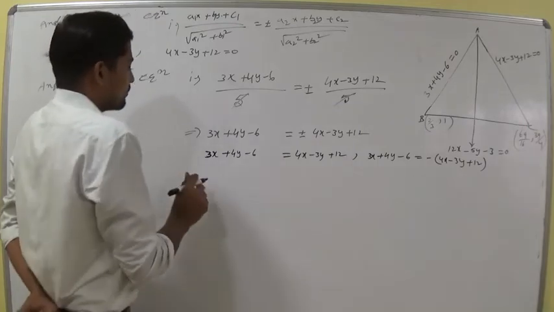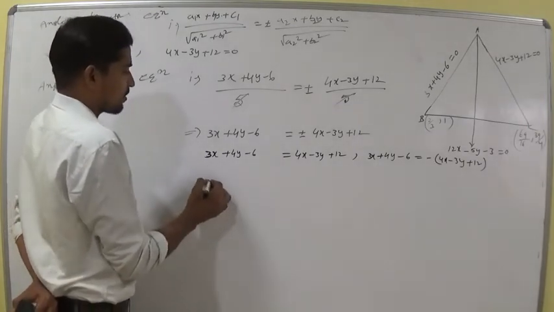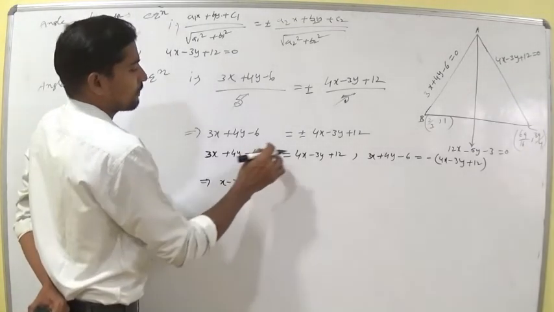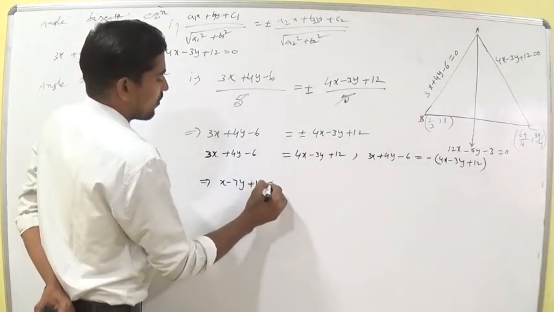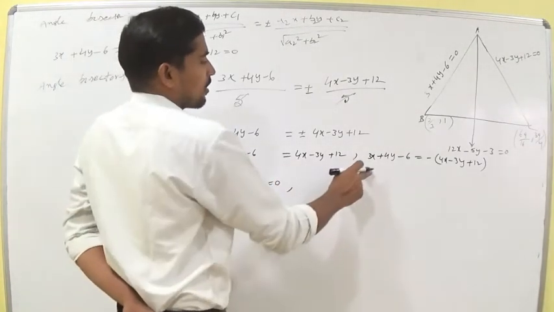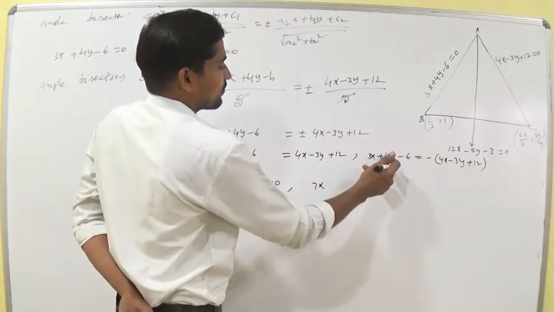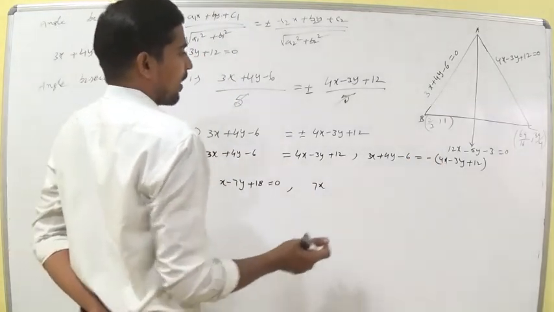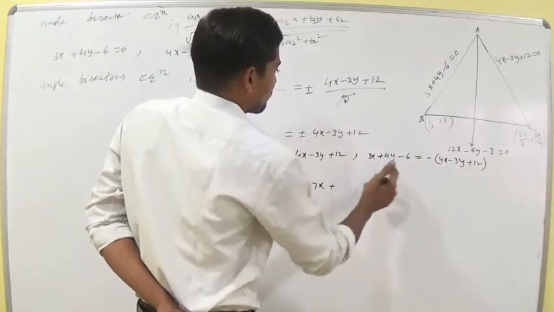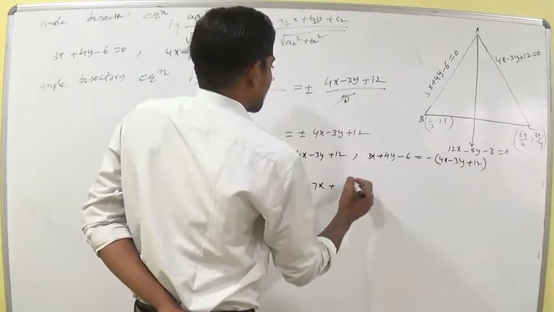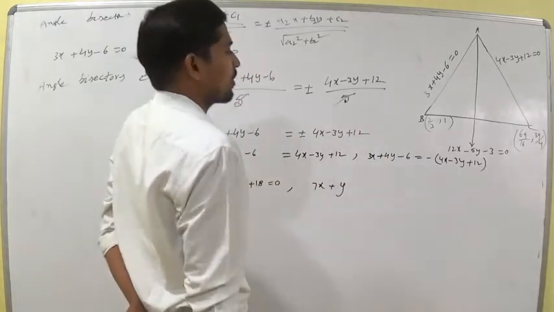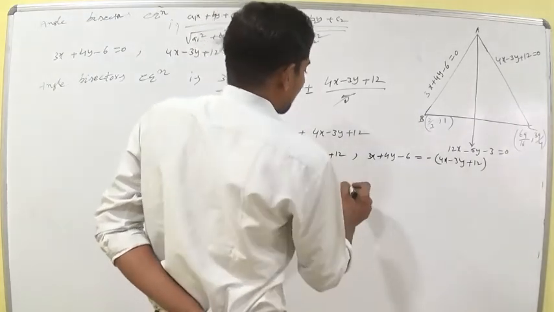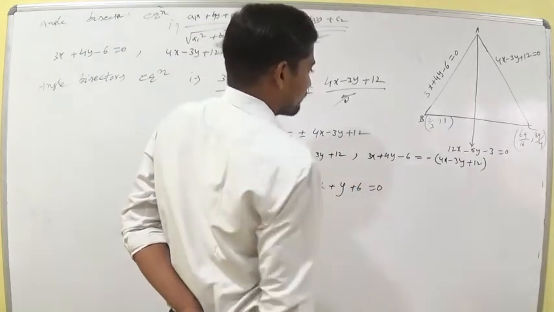So that implies x minus 7y plus 18 equal to 0, and 7x plus y, then minus 6 minus 12 becomes plus 12 on this side, so plus 6 equal to 0.